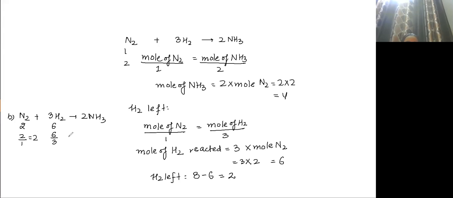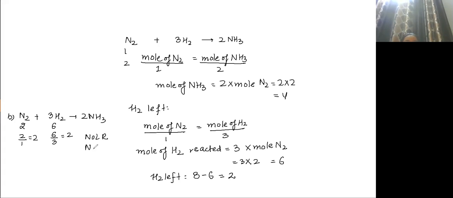Now this is 2 and this is 2. If the number comes out to be the same, there is no LR, no ER. If the number comes out to be lesser, then the lesser one will be LR. So in this case, there is no LR, no ER.